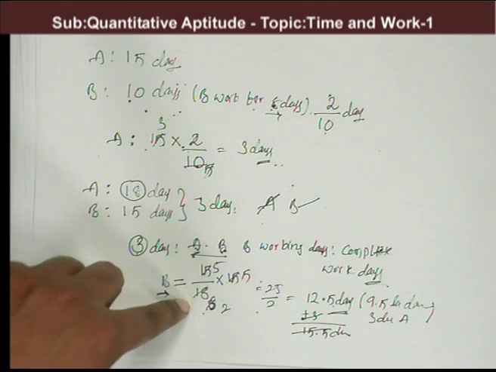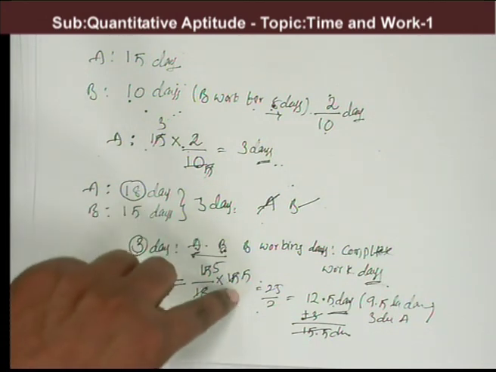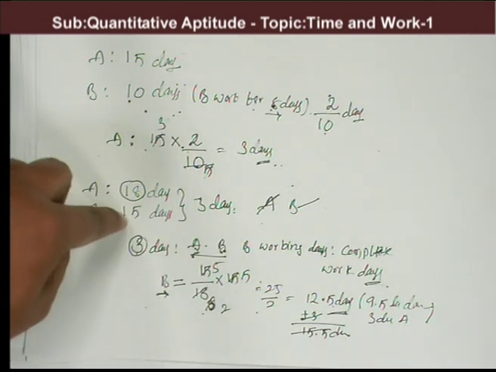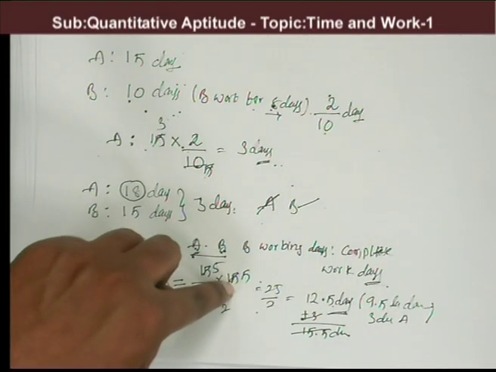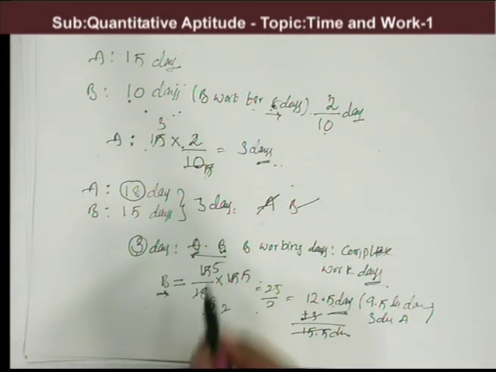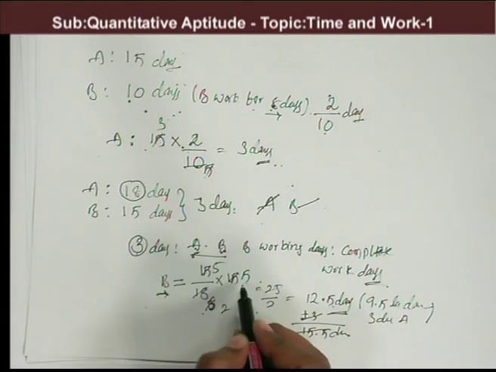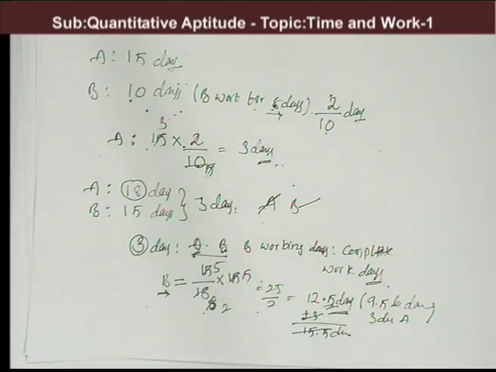This 15 by 18 of work is completed by B with his 15 days. So that is 15 by 18 into 15, and the answer is 12.5 days. In how many days will the work be completed? It is 12.5 days.